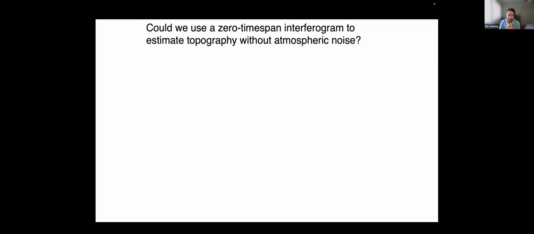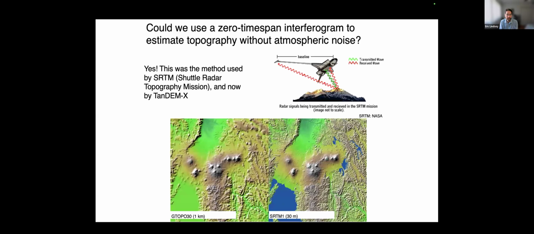So that sounds like maybe a crazy idea. How would you fly 2 SAR satellites at the same place with a tiny offset between them? But actually this was done. This was done in 1999 and 2000 by the SRTM mission. SRTM stands for Shuttle Radar Topography Mission. What the space shuttle did was fly upside down, pointing at the Earth.